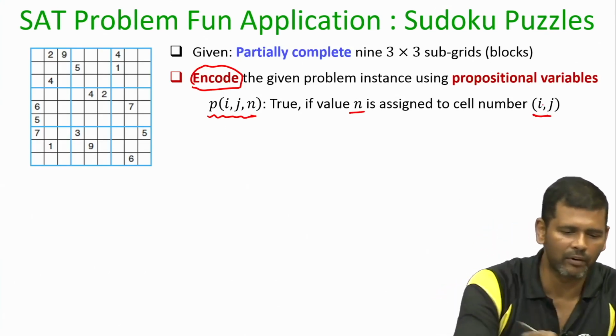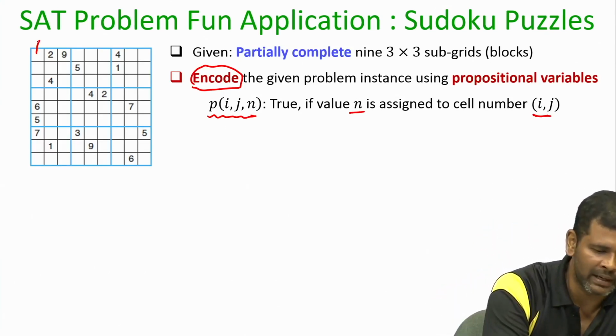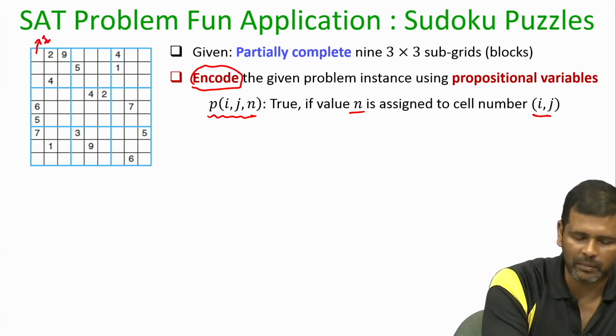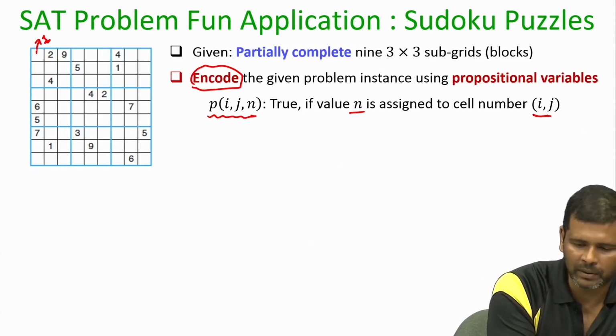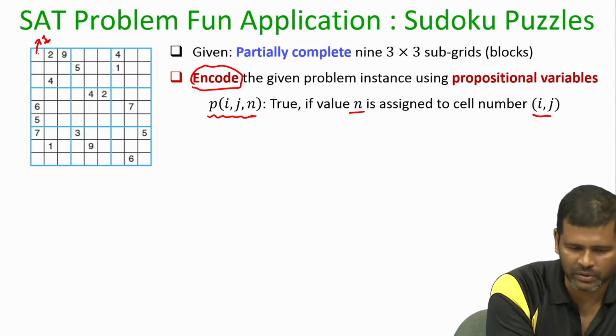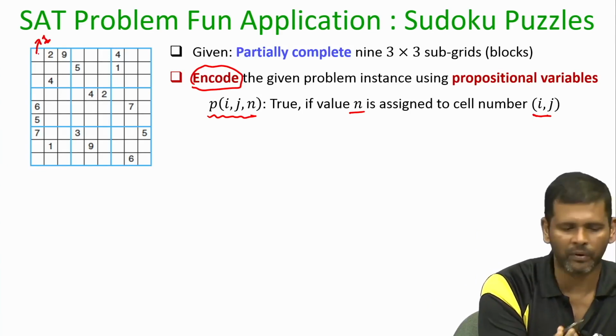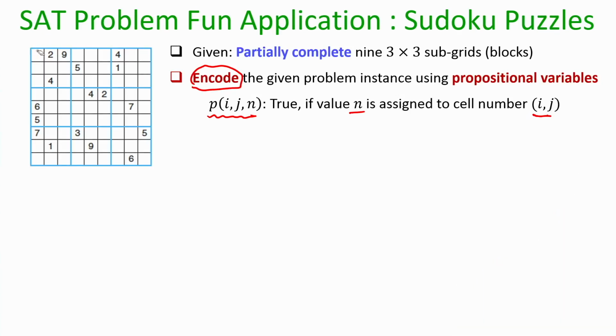It is like saying the following: if in my mind I am thinking that I am going to assign the value 1 here, then the propositional variable p 1 1 1 is true, otherwise p 1 1 1 is false.